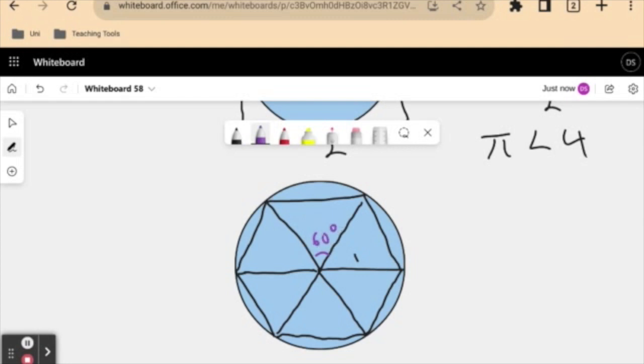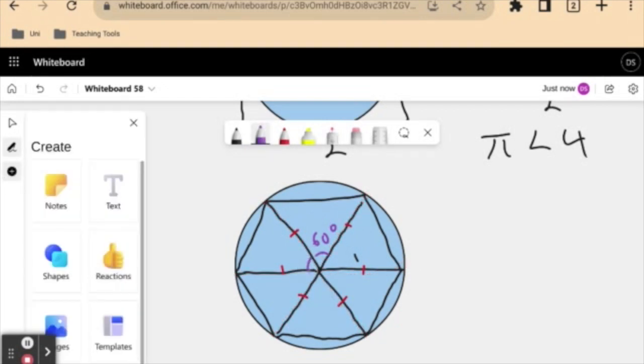Now, an important thing to note, each of these sides are equal. Now, why are they equal? Because each side is the radius. We're stretching from the center of the circle out to the outside border. So each of these are going to be equal.